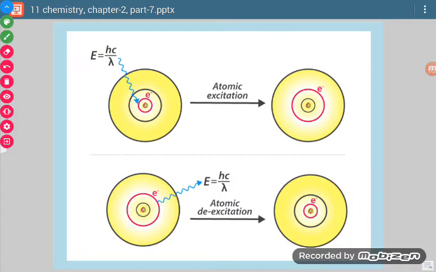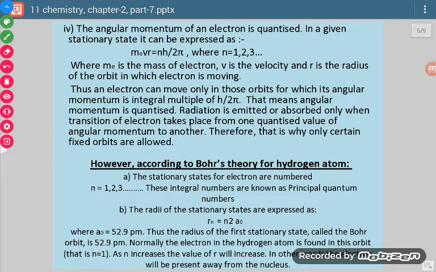Now the fourth postulate is that the angular momentum of an electron is quantized. Quantized means that whenever there is some change, it is in particular fixed amounts. It is not in random amounts, it has to be fixed. Now the angular momentum of the electron is an integral multiple of h by 2 pi, where n stands for an integer.